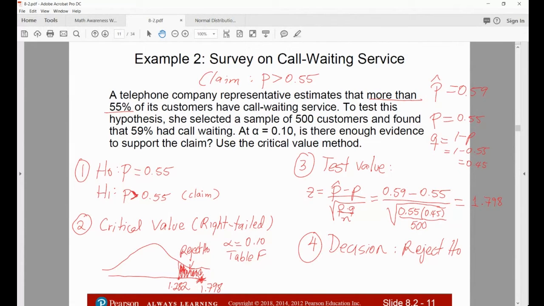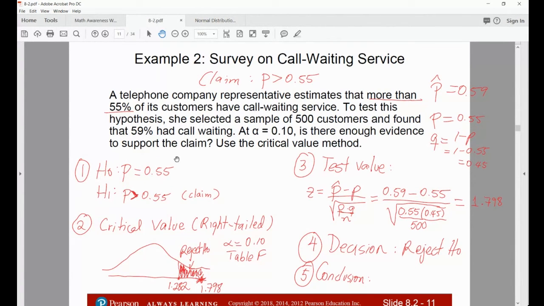So now based on the decision, let's write the conclusion. So we decide to reject this hypothesis. We can reject it.